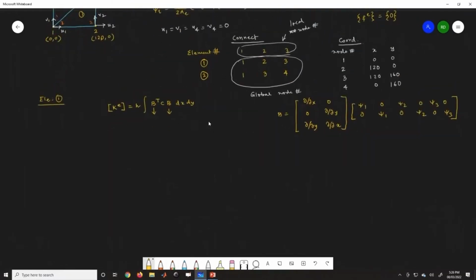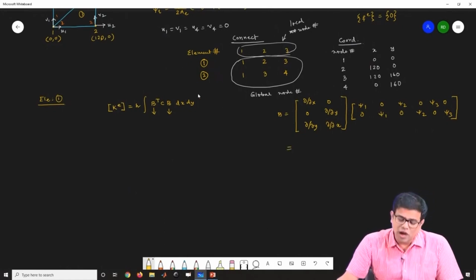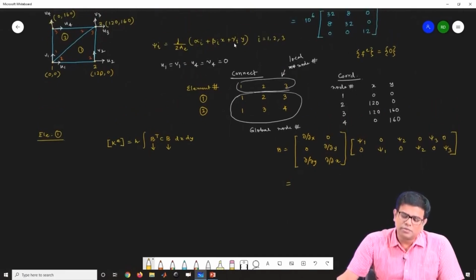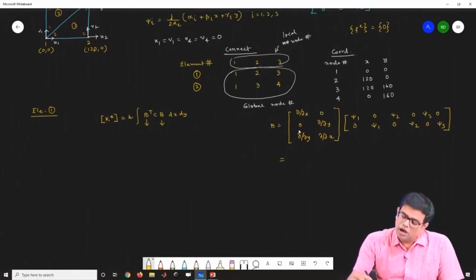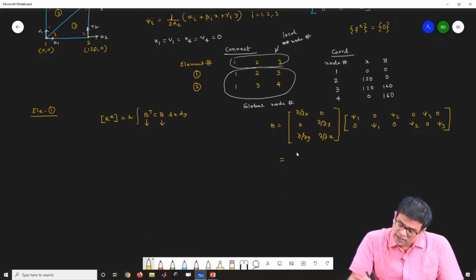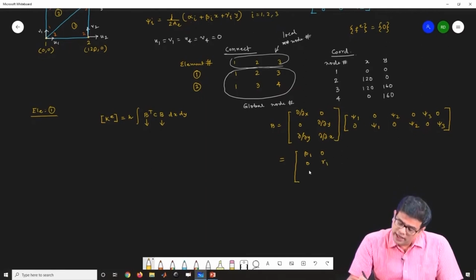So now the B matrix, if you do that, then what will happen? So psi 1 is alpha 1 plus beta 1 x plus gamma 1 y. If I take the derivative with respect to x of psi 1, then only beta 1 is left. So naturally this will be beta 1, 0, then 0, and then you have gamma 1, because it's a linear function, so constant, then again you have gamma 1, then beta 1.